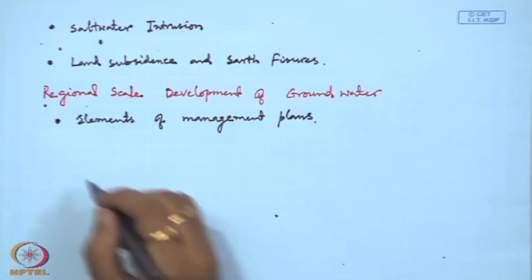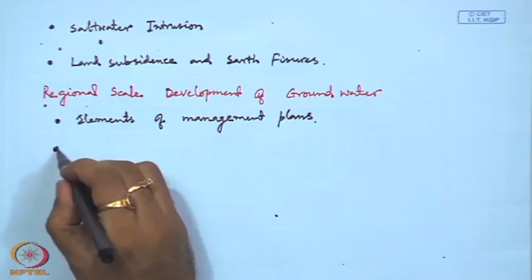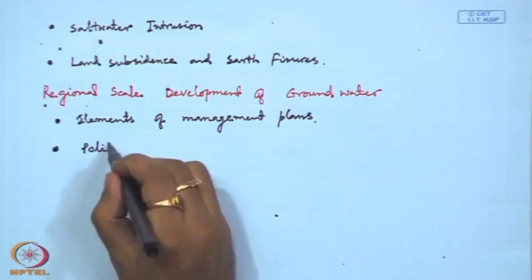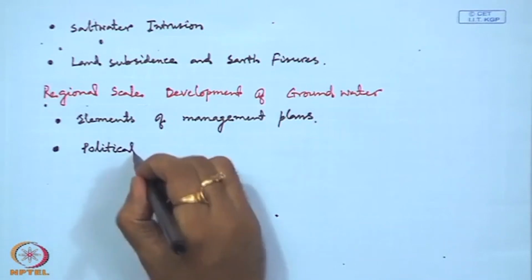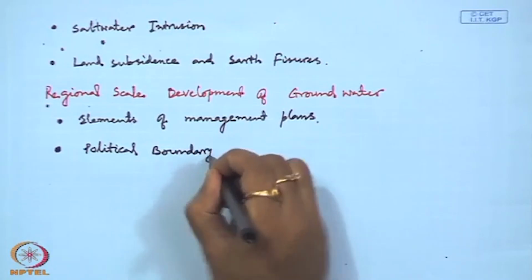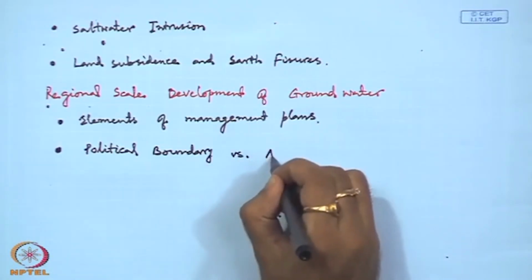And the next point that is most important is political boundary versus aquifer boundary.